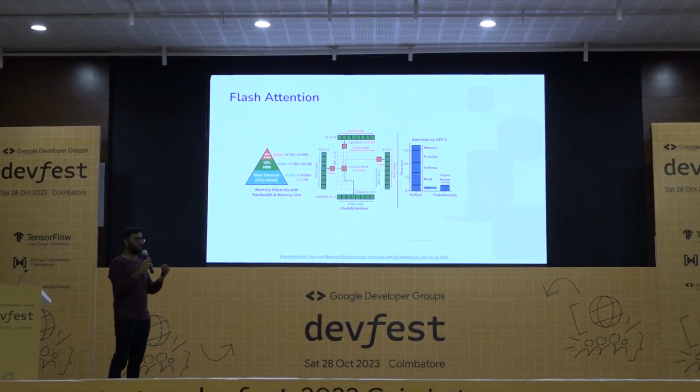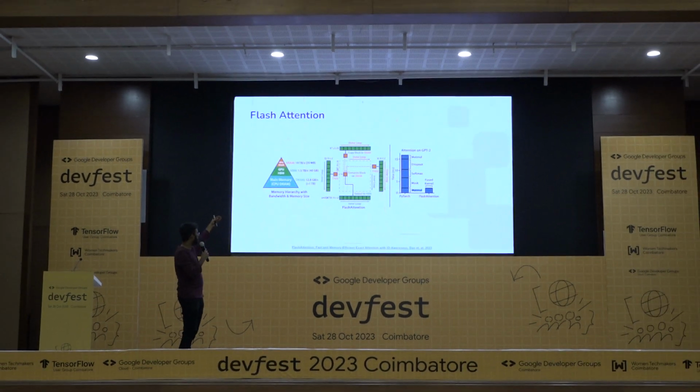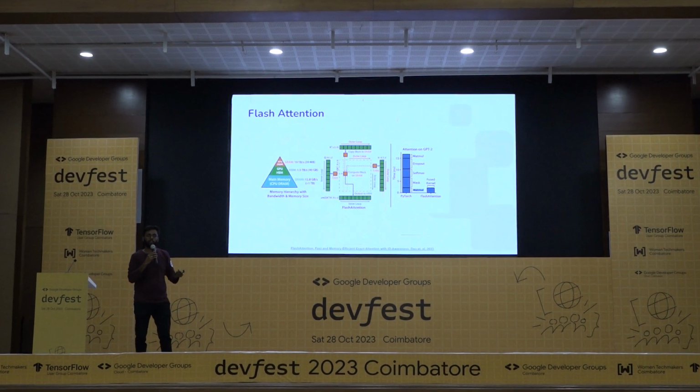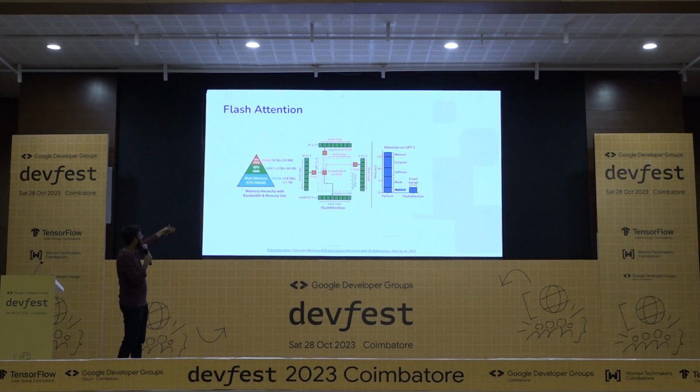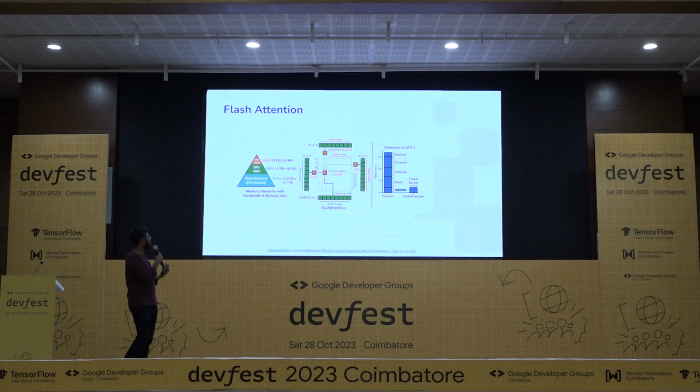To calculate self-attention, there are different calculations that you have to do, as shown on the right side. We have to do matrix multiplication, then masking of the attention tokens, then the softmax, dropout, and matmul again.